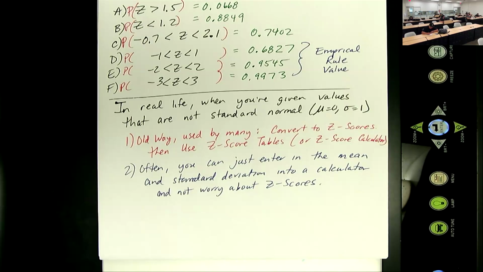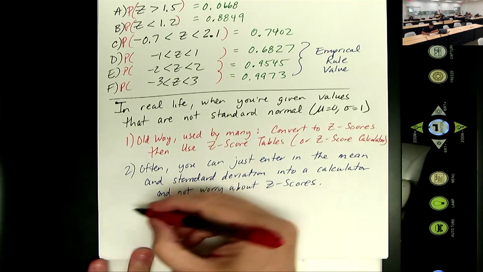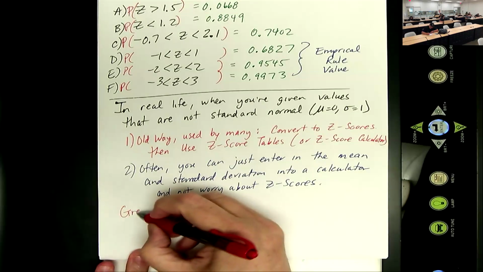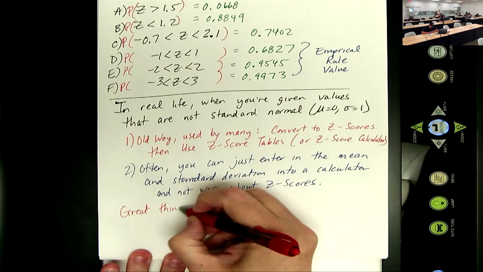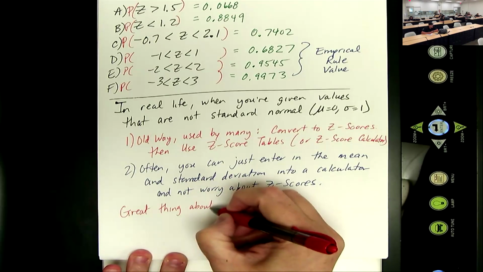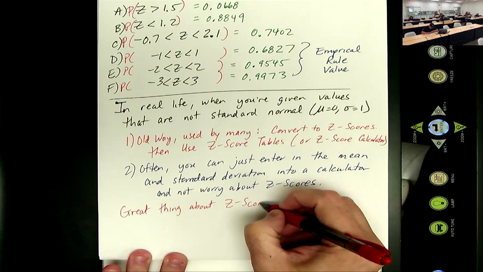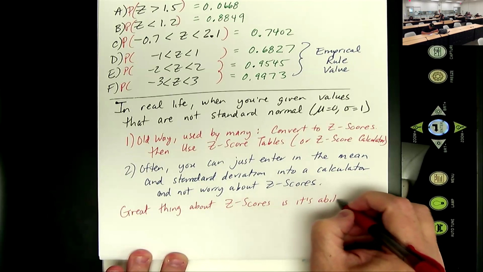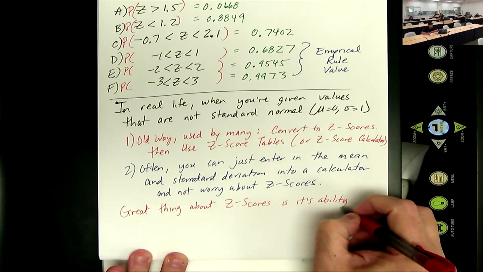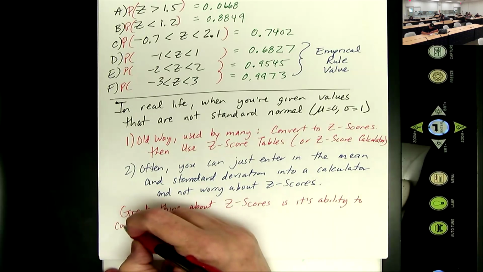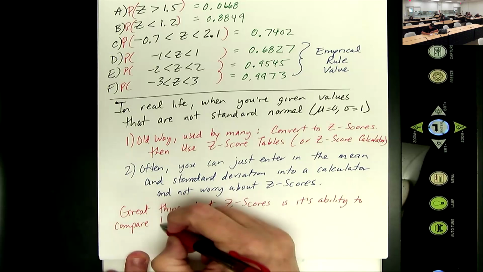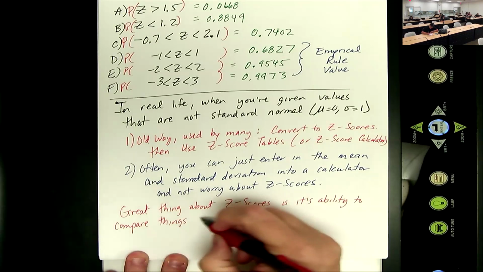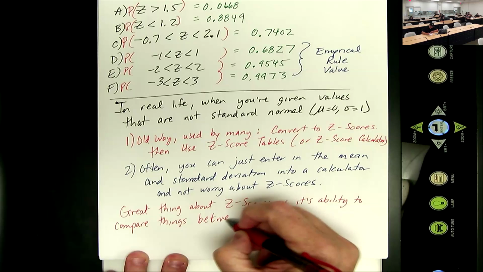But if you do that, you lose one of the great things about z-scores, which is its ability to compare things in other categories, or between different populations.